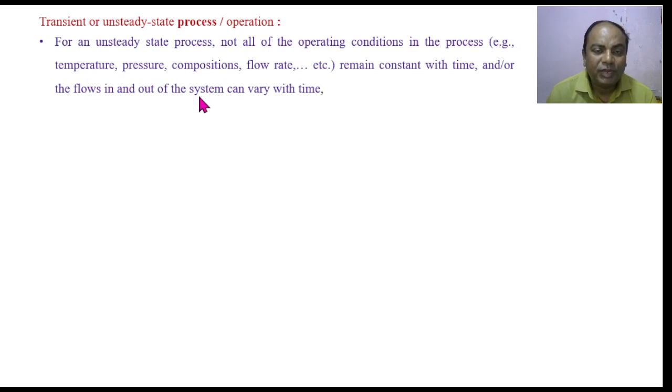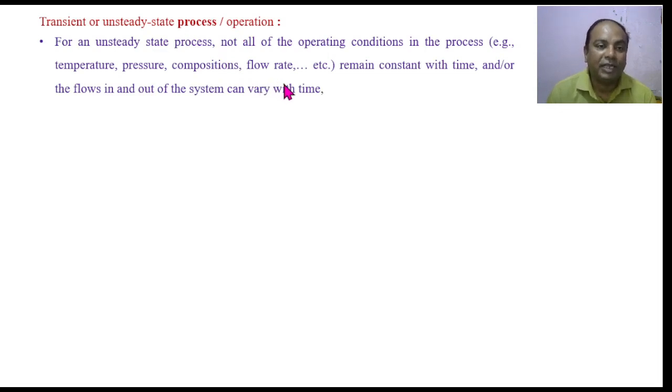So whatever the process that is operating on a system, depending upon that, the process variables change. We can say that that particular process is operating under unsteady state condition, where any of the process variables is not remaining constant.